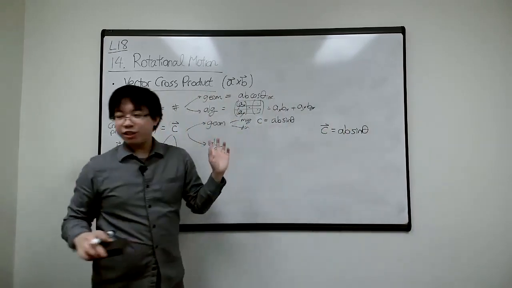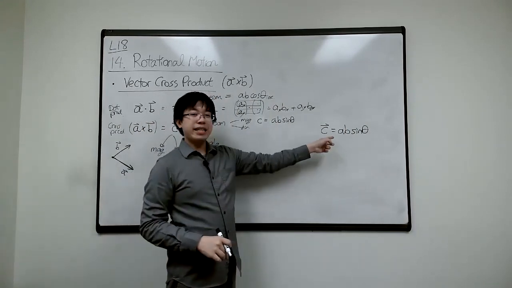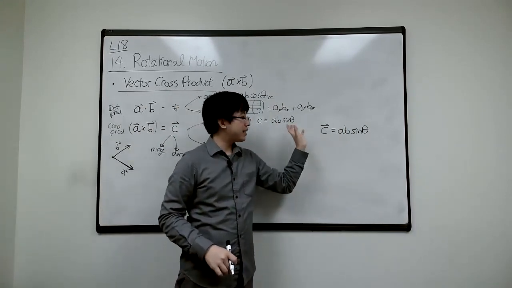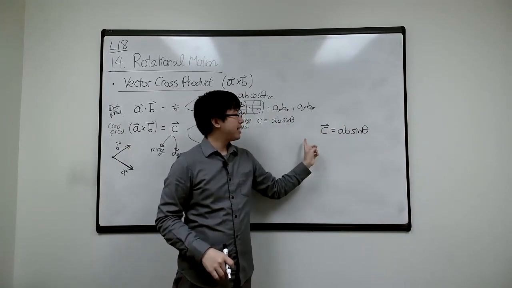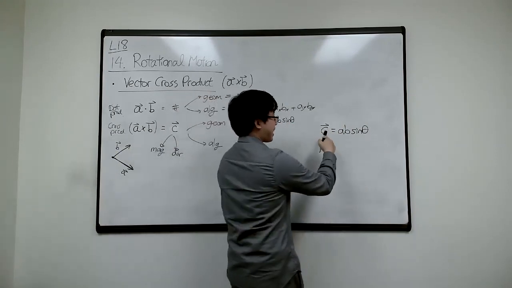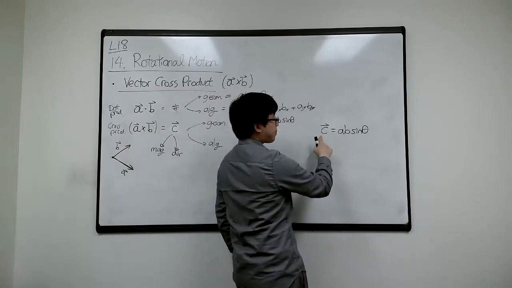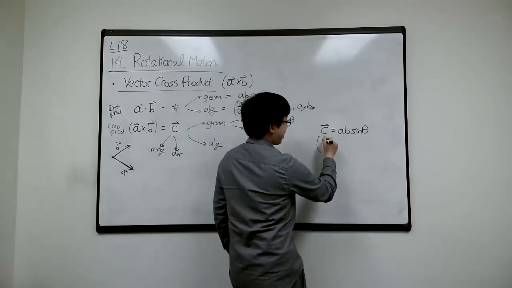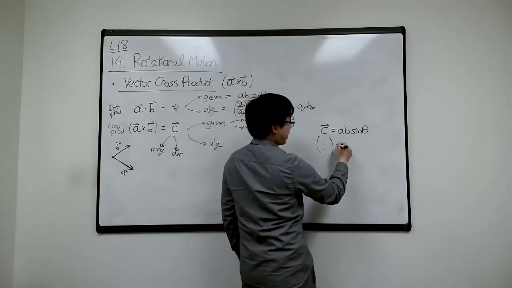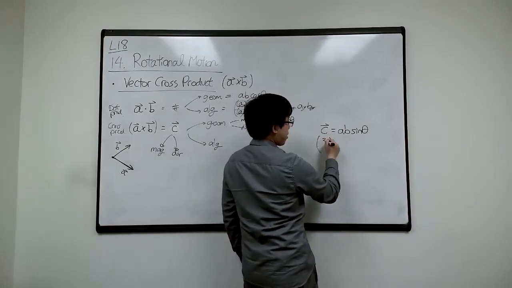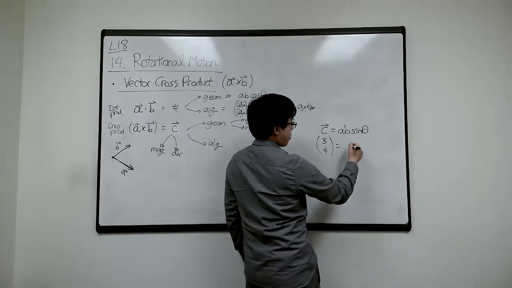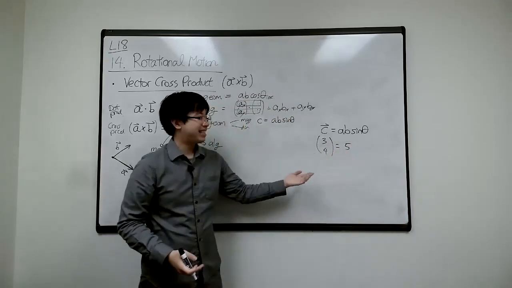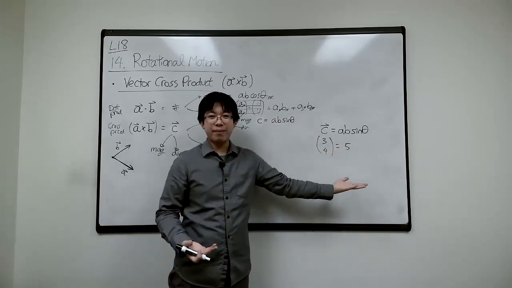Whenever a student writes this, this line immediately gives you 0 in terms of exam, because this is not meaningful. This is saying something that has components, a vector, equals a scalar. They are different things. It's like saying (3, 4) equals 5, this does not make sense. You cannot have 2 components equal to 1 component.